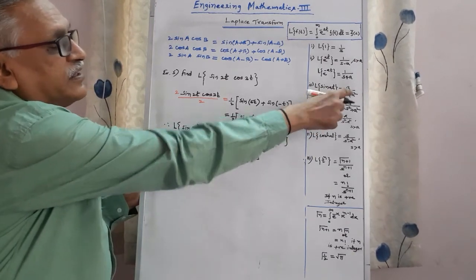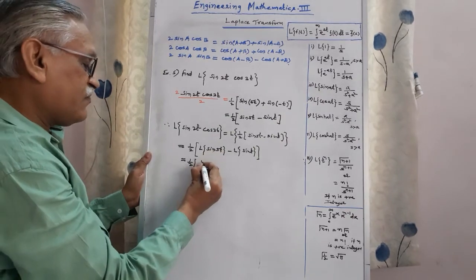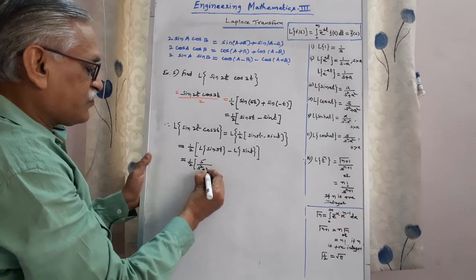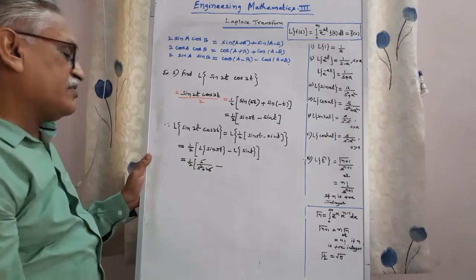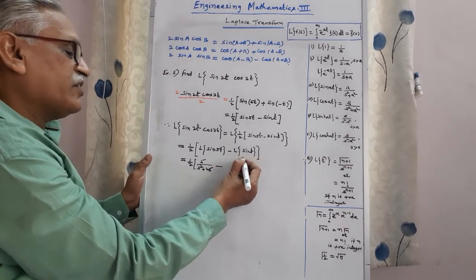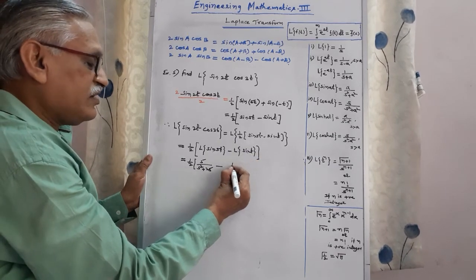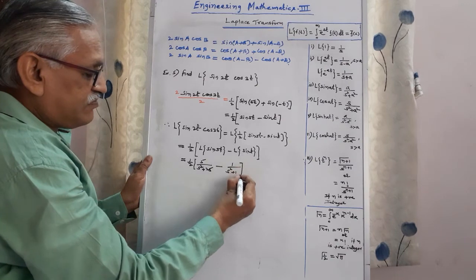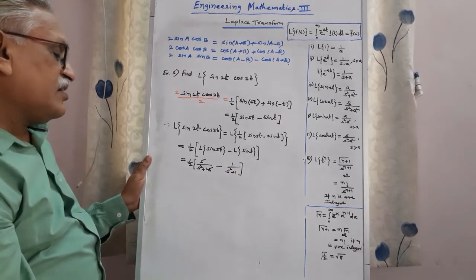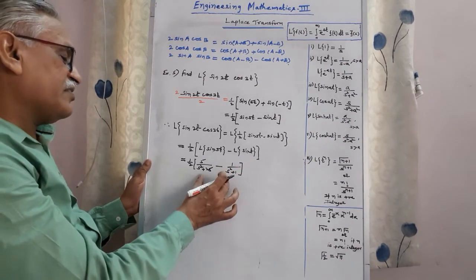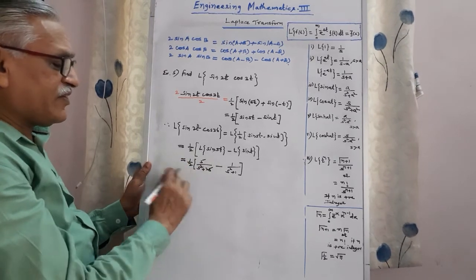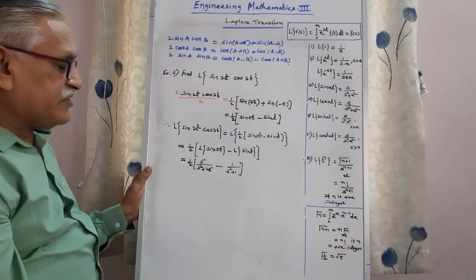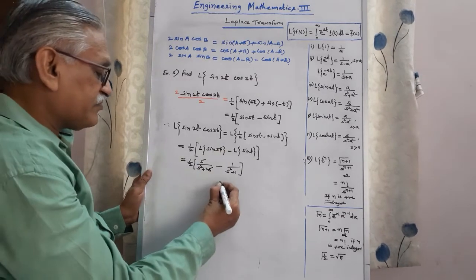Applying this result, a upon s square plus a square, a is here 5, s square plus 5 square, minus again a upon s square plus a square, a is here 1, s square plus 1. We can keep this as it is, or simplify it further by cross multiplication or by finding the LCM. Here I am keeping it as it is.